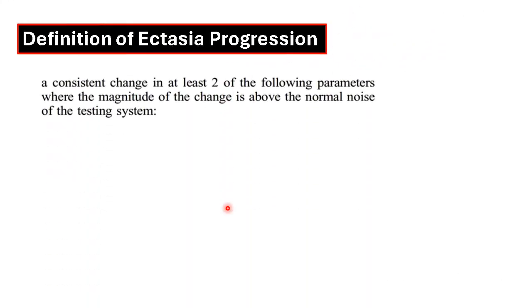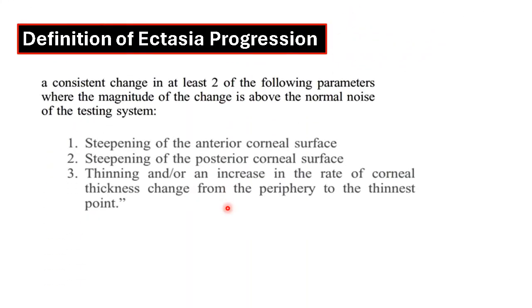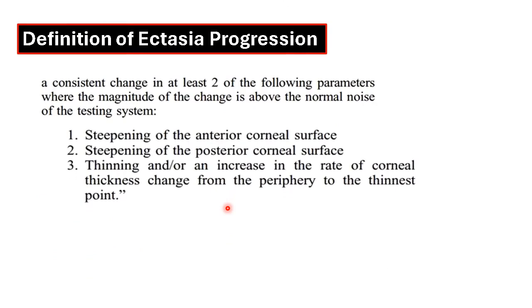Now, before I speak about the Pentacam progression display for documenting the ectasia progression, I would like to remind you of the latest definition of ectasia progression. The latest definition is when you have consistent changes in at least 2 of these variables.